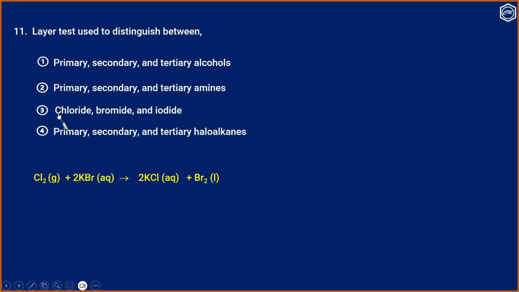Layer test is used to distinguish between chloride, bromide and iodide. Chlorine displaces bromine from aqueous solution. Similarly, chlorine can displace iodine from aqueous solution also. So option 3 must be the correct answer. That is the correct answer.